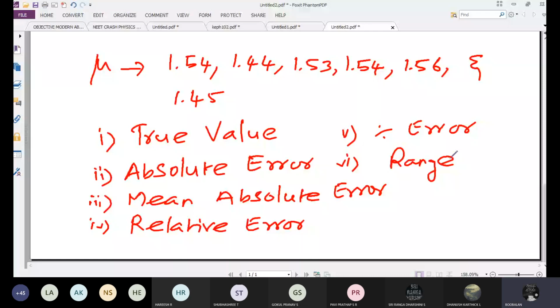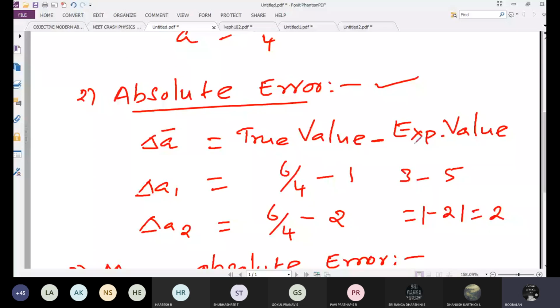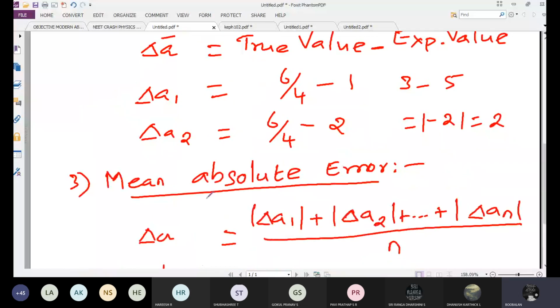So the true value formula: A equals A1, A2 plus AN divided by N. Next, absolute error, del A equals true value minus experimental value, or experimental value minus true value, both are the same because we are taking the modulus. Mean absolute error: modulus of del A1 plus del A2 plus etc. del AN divided by N. Relative error: mean absolute error divided by true value.